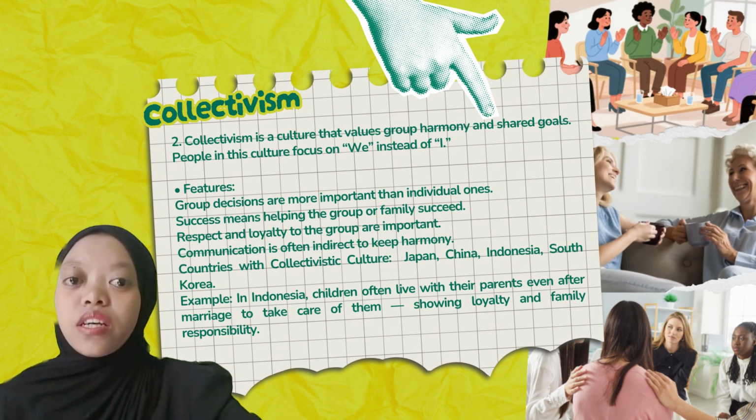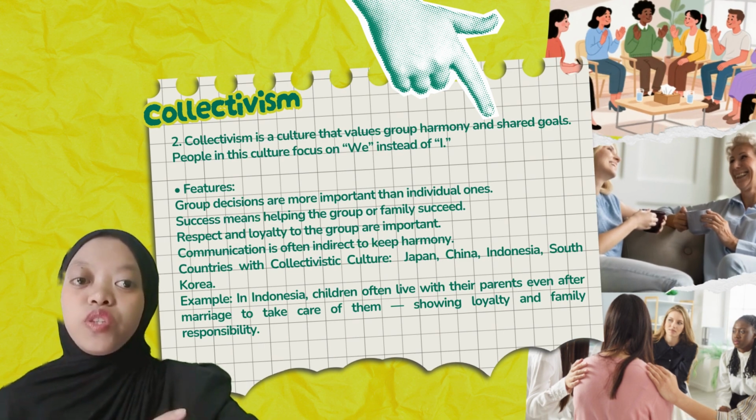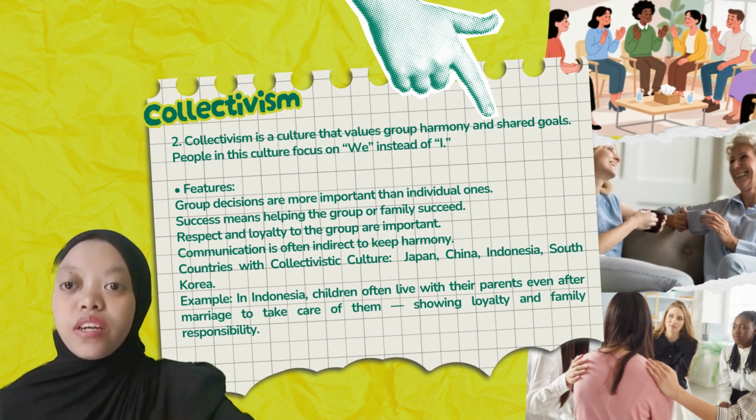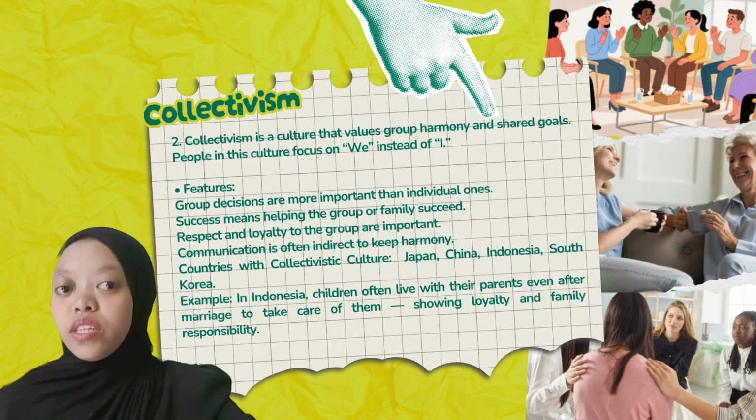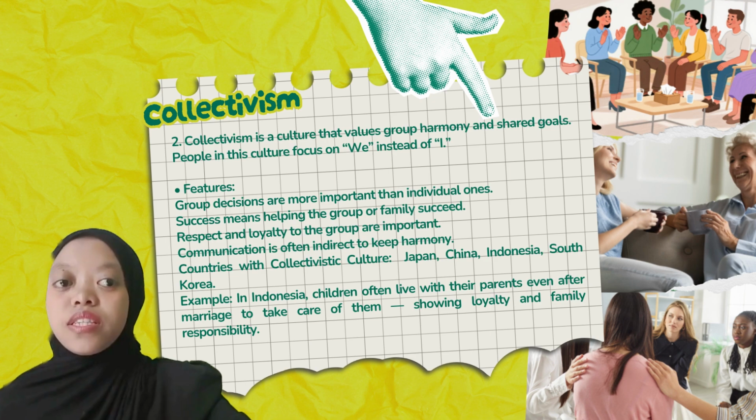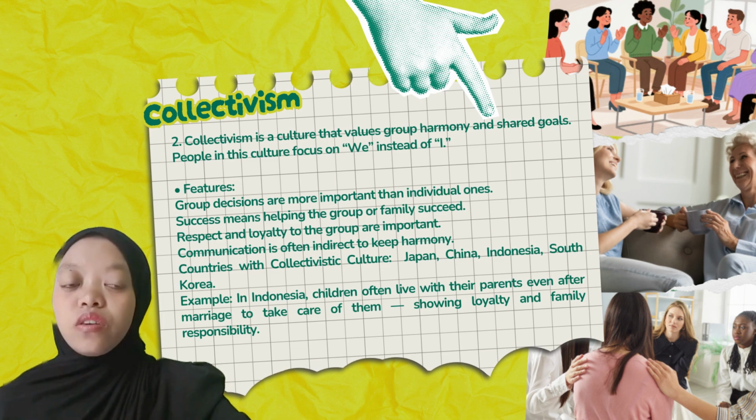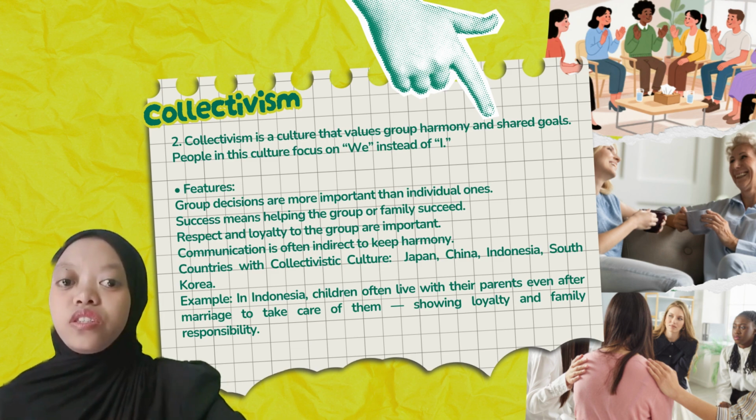Next, in collectivism, people focus more on the group, like family, community, or company, instead of just themselves. Group harmony is more important than personal goals. People make decisions together and they value loyalty, respect, and cooperation.